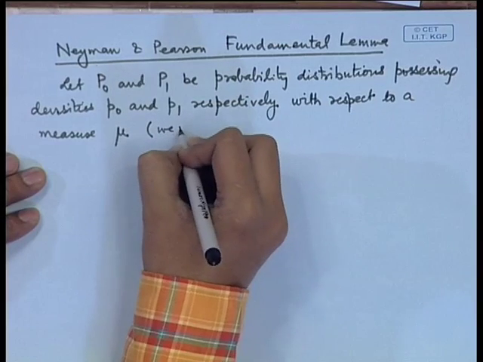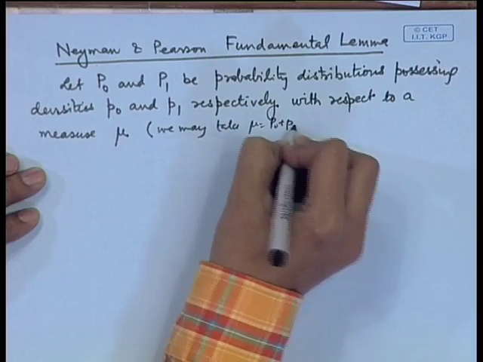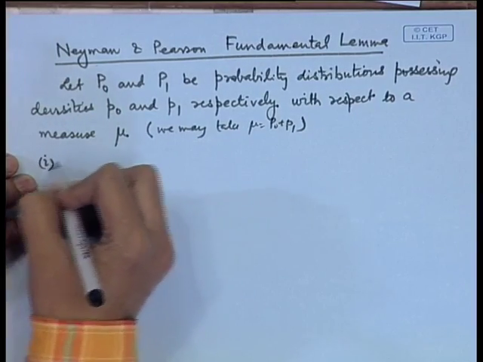We may take, say, mu equal to P naught plus P 1 also. So the first part is existence.